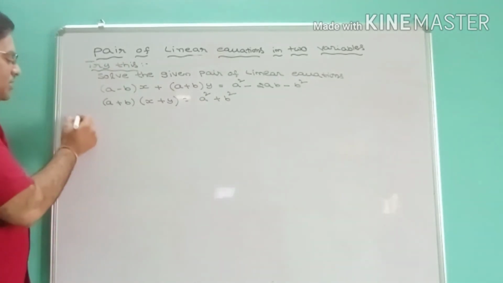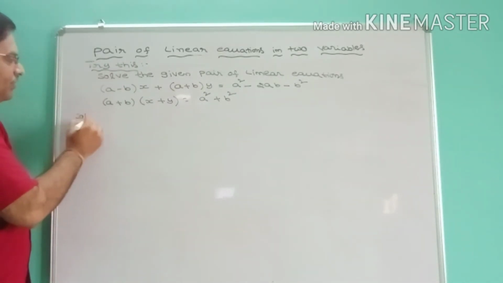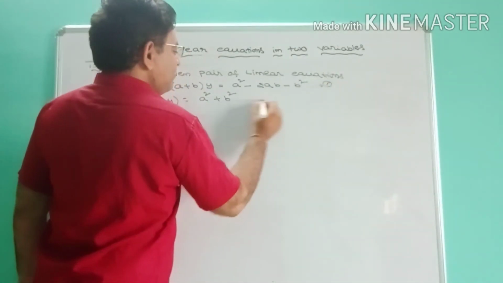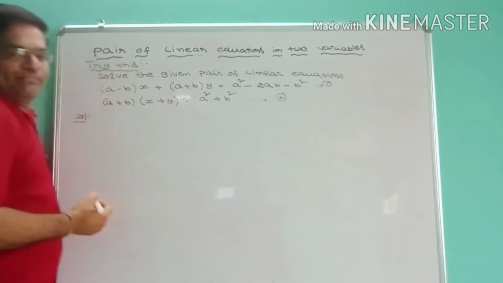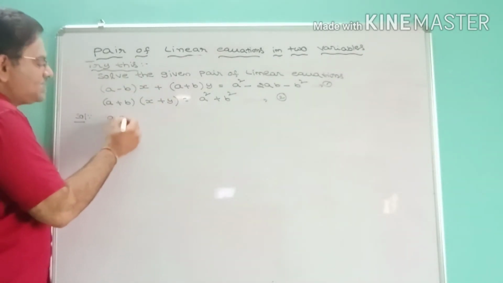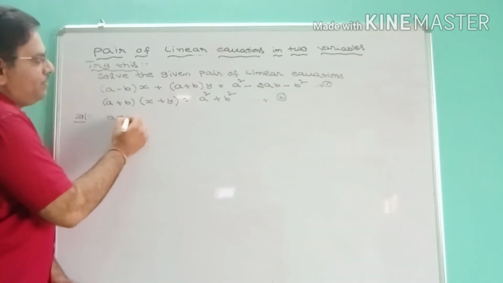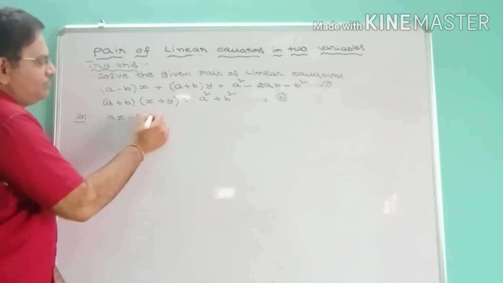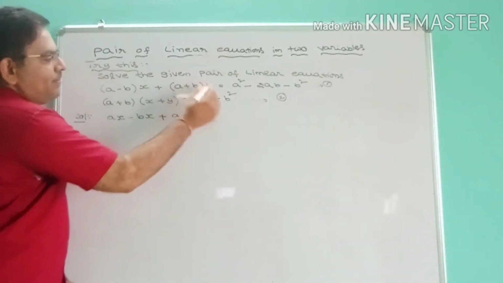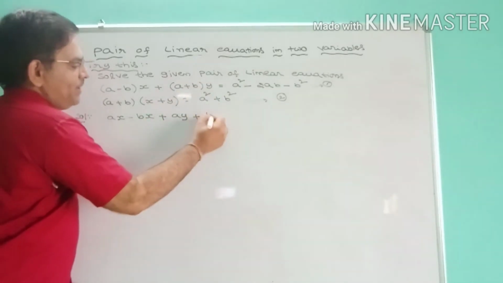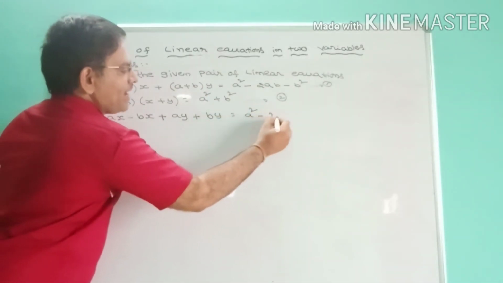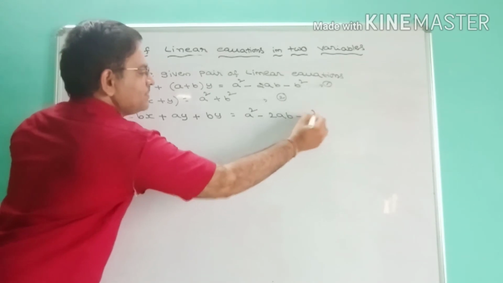Take the first as equation 1 and the second as equation 2. Now multiply it: ax minus bx plus ay plus by equal to a square minus 2ab minus b square, as it is.